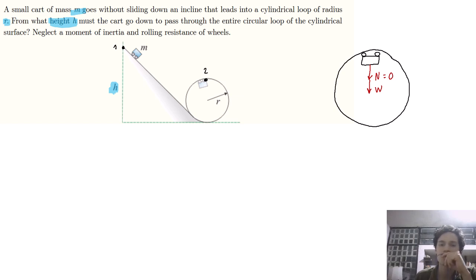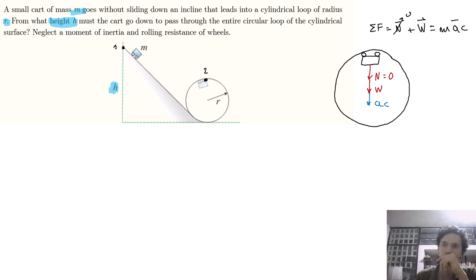So that's a key. And at this point there will also be the centripetal acceleration, which is important because it's dynamic and we can sum all the forces here. The sum of the forces will be equal to the normal force vector, which will be 0, plus the vector of weight, that is equal to mass times acceleration, and the acceleration is the centripetal acceleration.